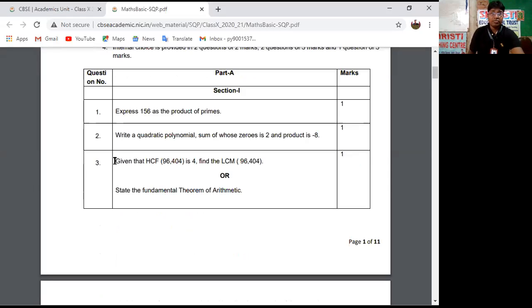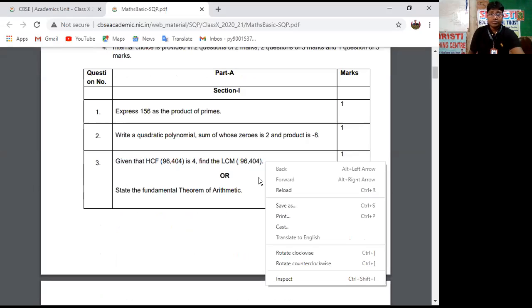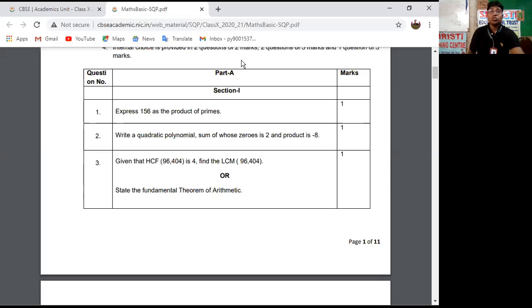How can this question be solved? Now I'm going to share the whiteboard also.